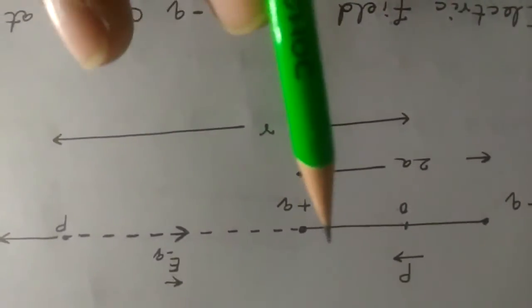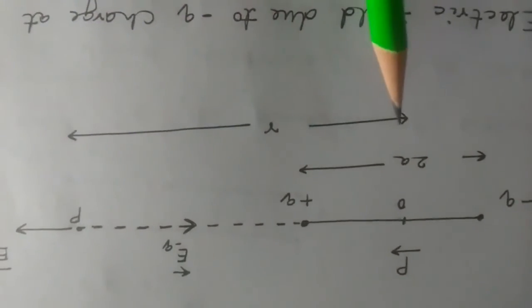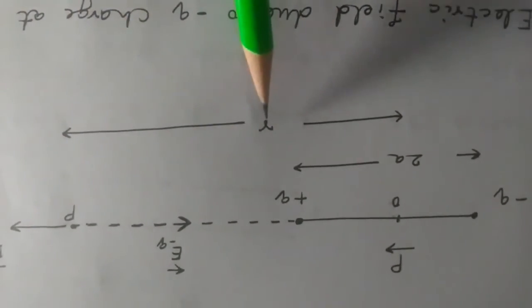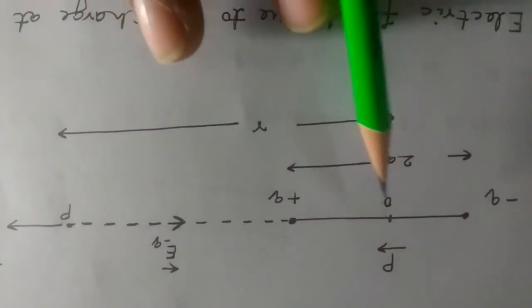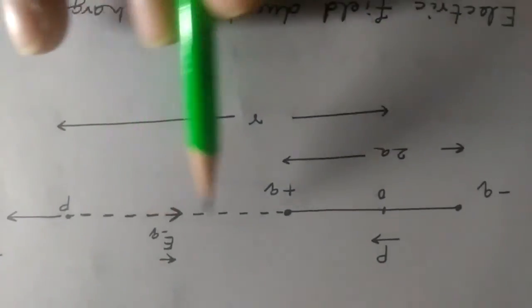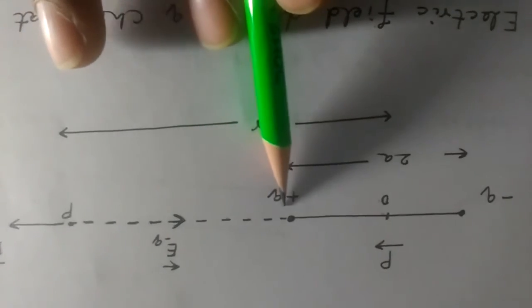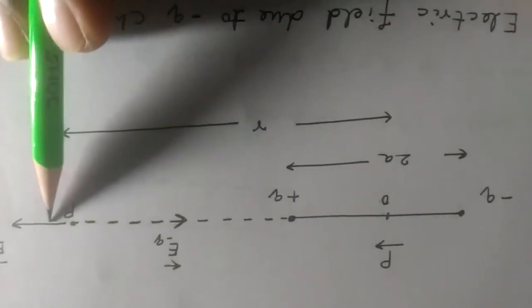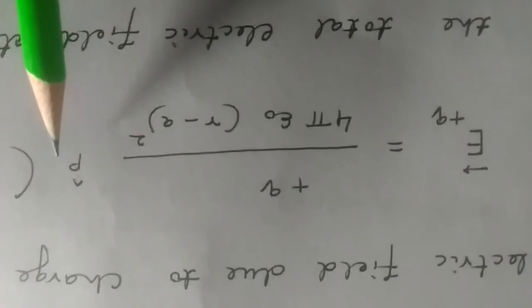Just see, this is positive charge and this is point P. Total distance from O to P is r, and this is a, so r minus a. So from positive charge to P, distance is r minus a. That is why I mention here r minus a whole square and p cap.